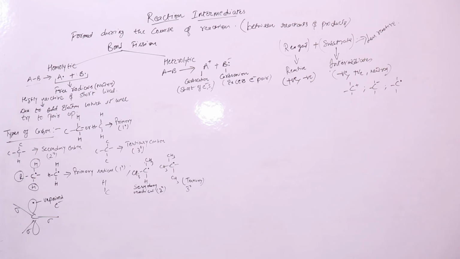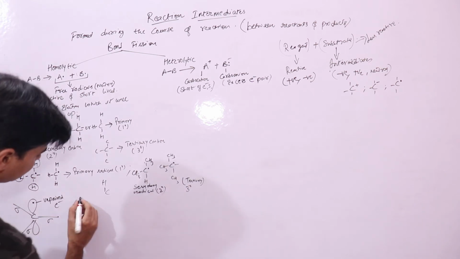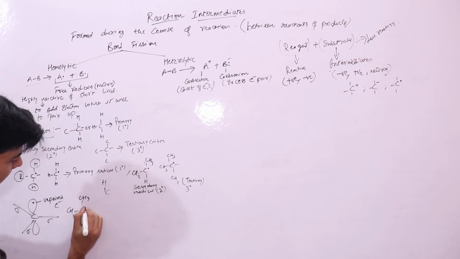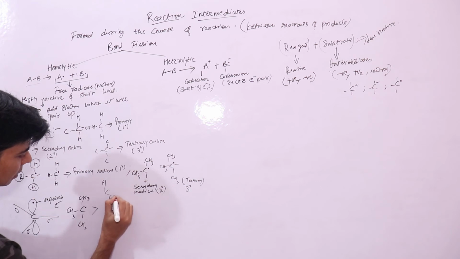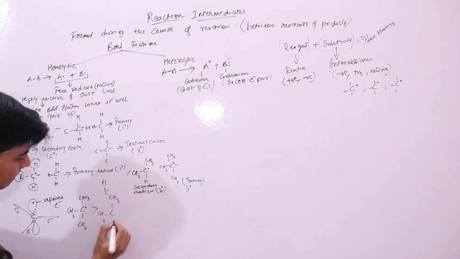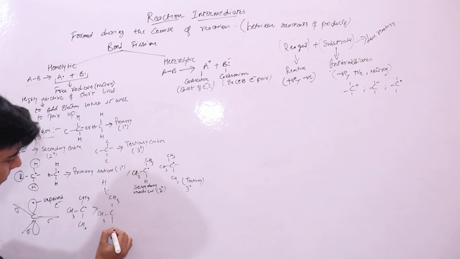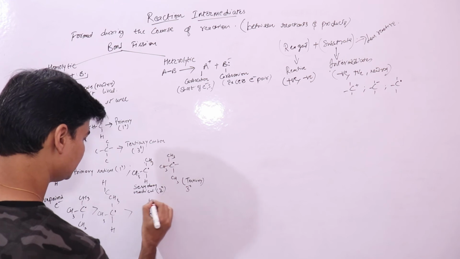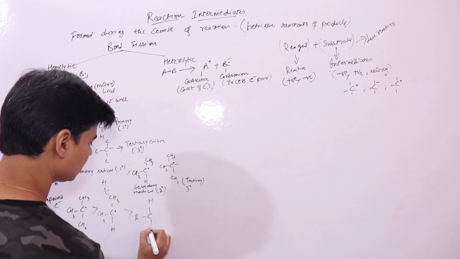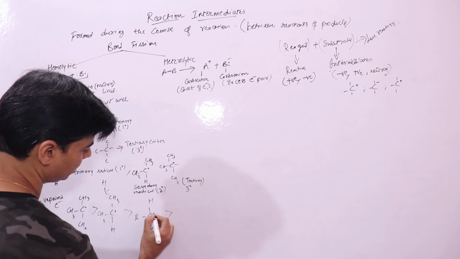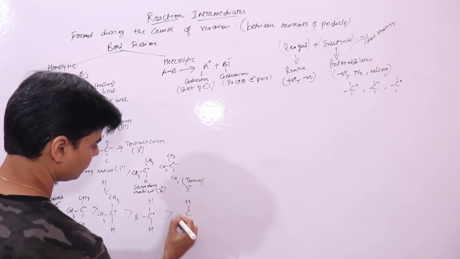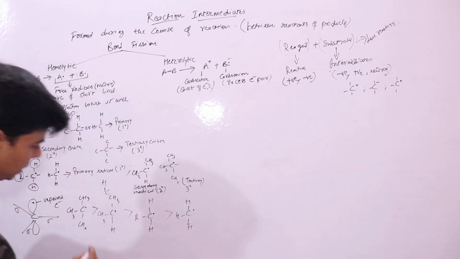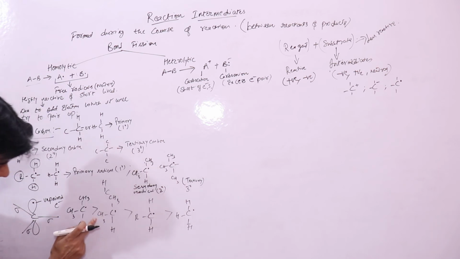So if you go by stability, it would be like this: CH3, CH3, CH3 greater than CH3, CH3, H, and you have minimum stability with this, a free radical that doesn't have any alkyl group attached, because we look into the CH bonds of this group.